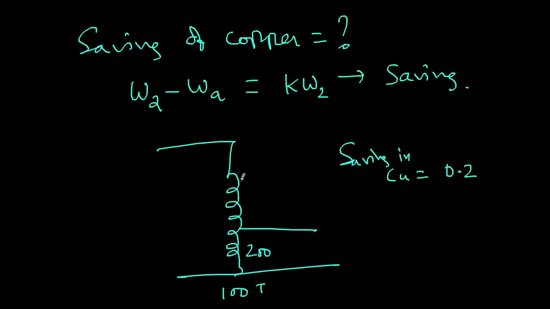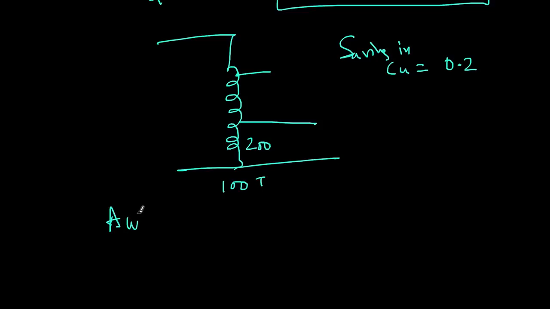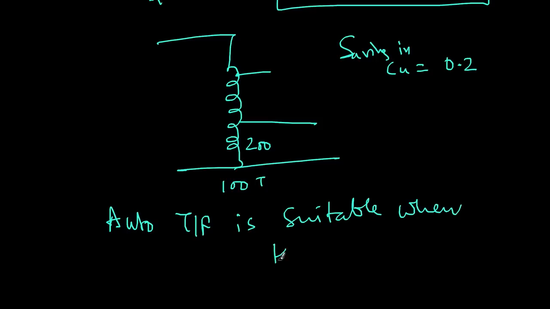The maximum saving is when you take the tapping as close to unity as possible, that is as close to 1 as possible, because the saving is proportional to k. Therefore an auto transformer is suitable when k is less than or equal to 1 and close to 1.